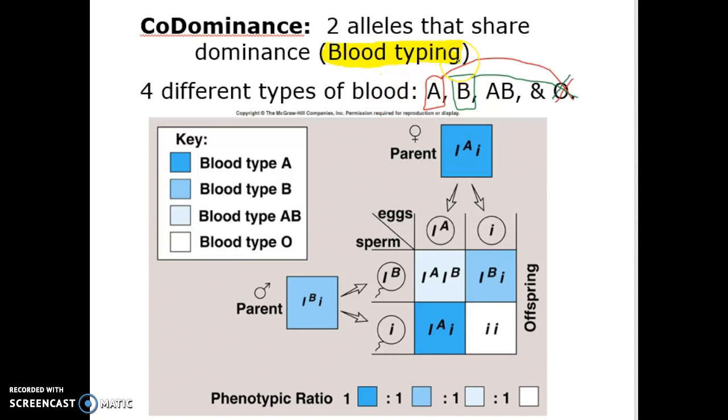If A and B show up together, that's when we get the AB blood type, the fourth blood type, or the third in this example. And then the truly recessive blood type in the human population is O. O is due to two recessive little alleles. We use little i's to represent blood typing alleles that are recessive.